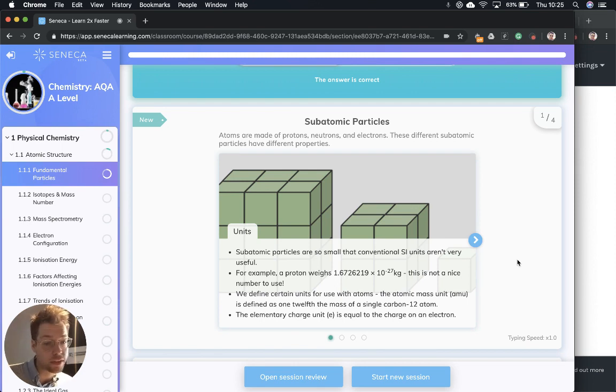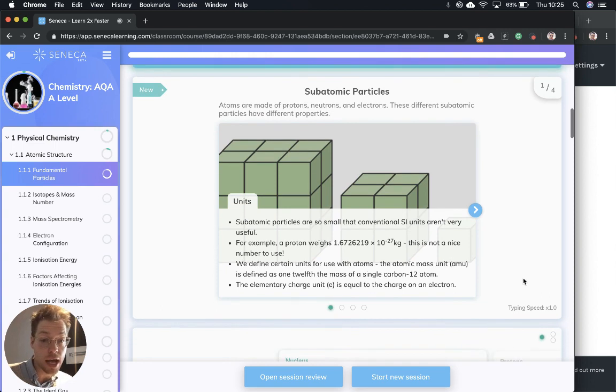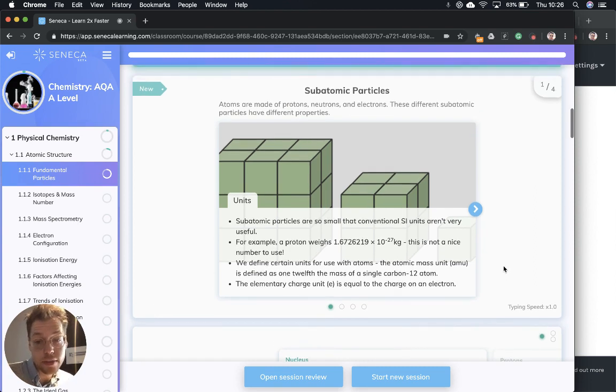Honey, we don't want that. That's not a nice number. So we define certain units for use with atoms. The atomic mass unit, AMU, is defined as 1/12 of the mass of a single carbon-12 atom. Okay, the elementary charge unit, e, is equal to the charge on an electron. So those are the units we're going to be using for the rest of the episode.